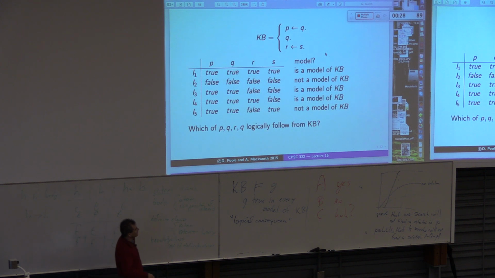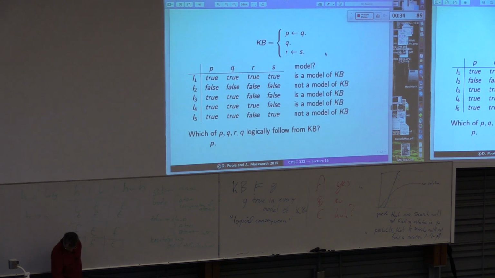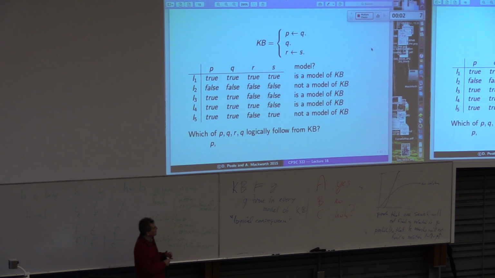Now I want to know which of P, Q, R, and S logically follow from this knowledge base. Same question: is P true in all the models?